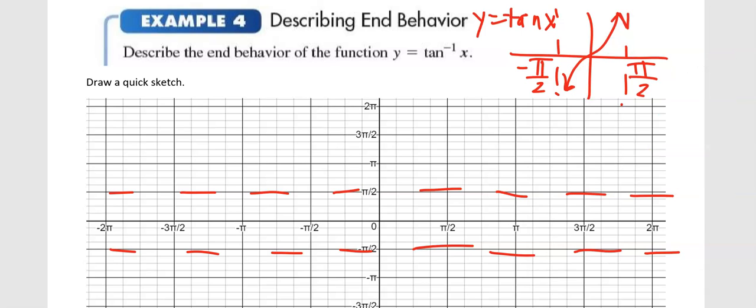We're going to end up getting a shape that kind of does this. Because when you switch x and y, you should get a reflection across what line? Y equals x, right? So according to my scale, you should be getting a shape that kind of looks like this. That's a little bit crude, but you get the idea.